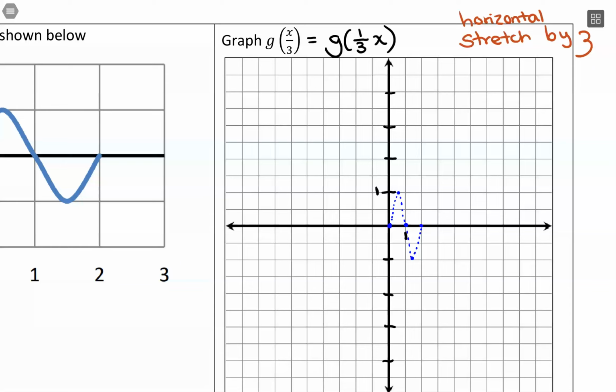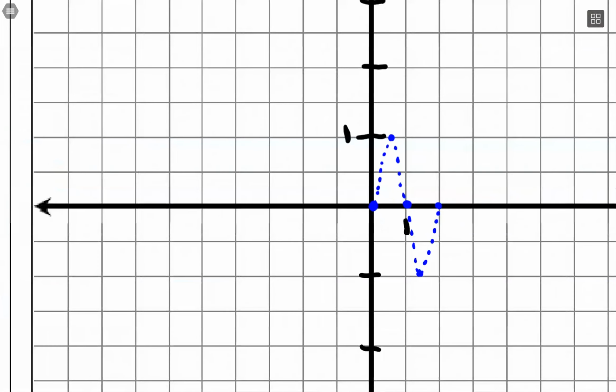So with that, if I'm too zoomed in on the x-axis, if I'm stretching so far, I might end up off the page. So, stretching by 3. What I'm going to do is focus on these 3 values that are on the x-axis.